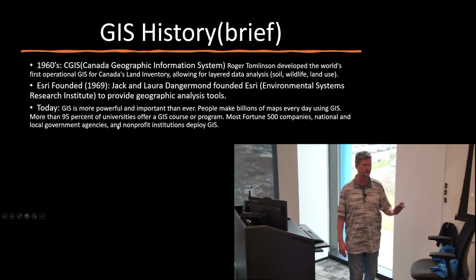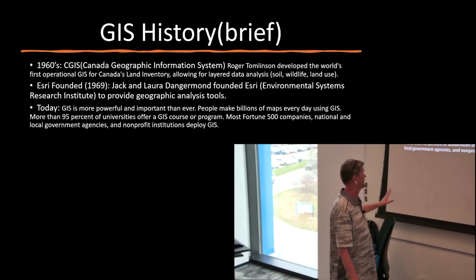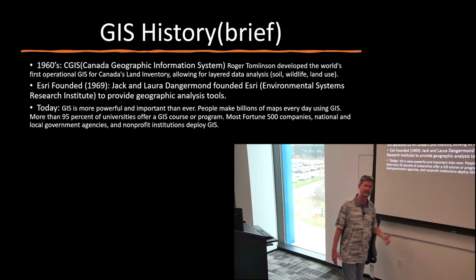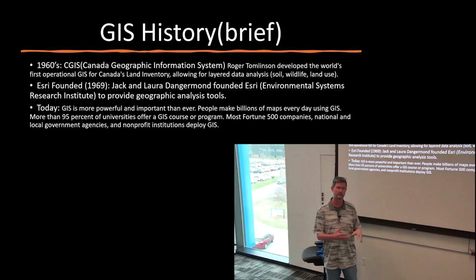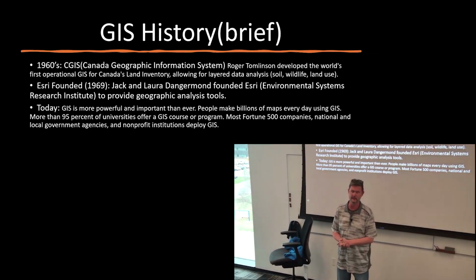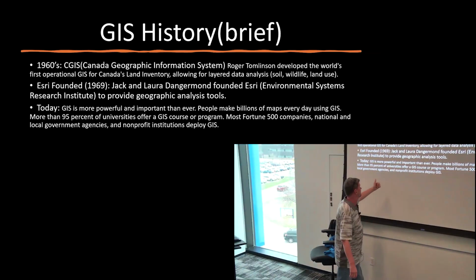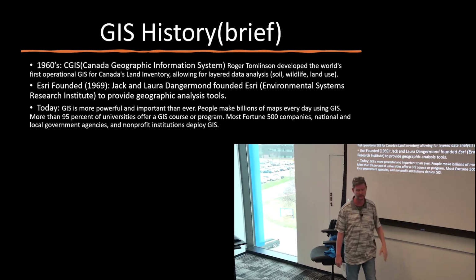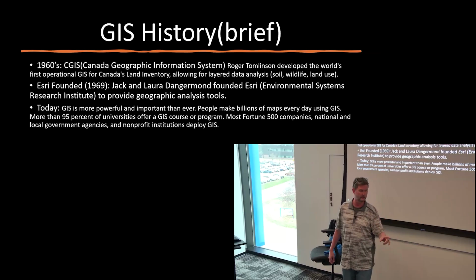This is just small stuff, I know it says brief, but GIS history, I found this very odd. In the 60s in Canada, Roger Tomlinson developed the first actual GIS system, basically for doing land inventory. But in 1969, Jack and Laura Dangermond, now it's basically just Jack, founded ESRI, and I've been to a couple of their conferences.